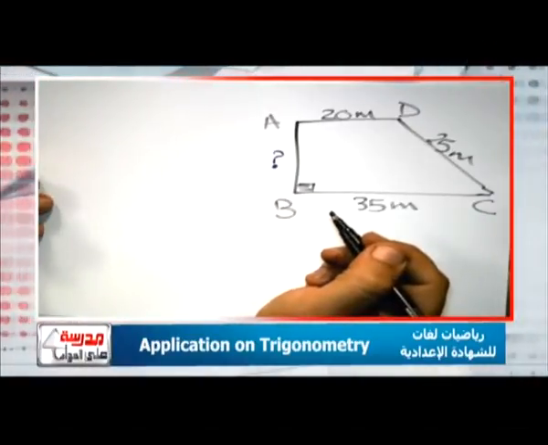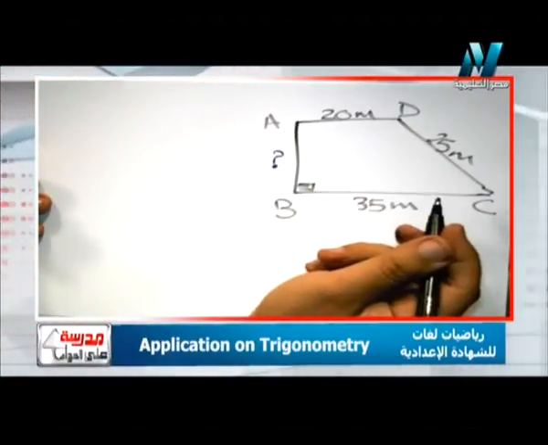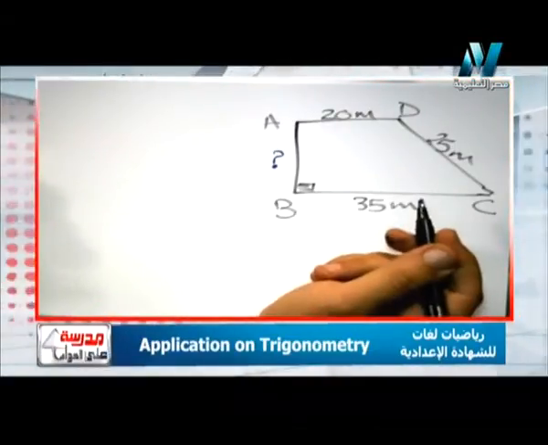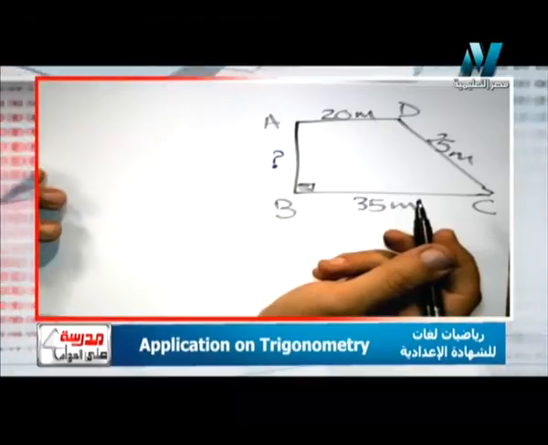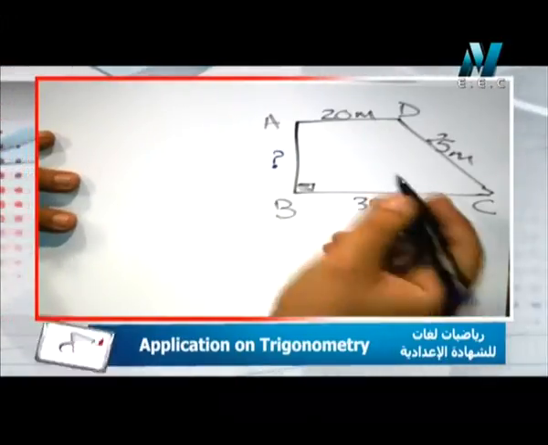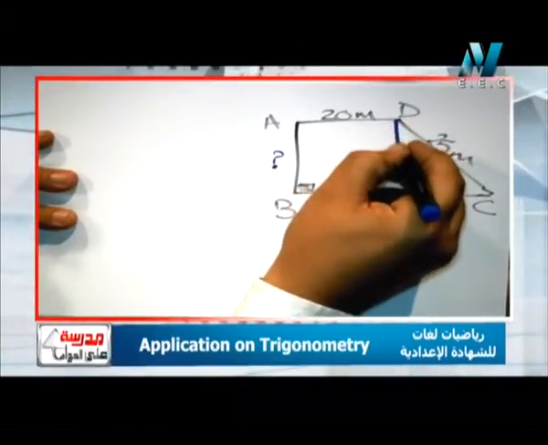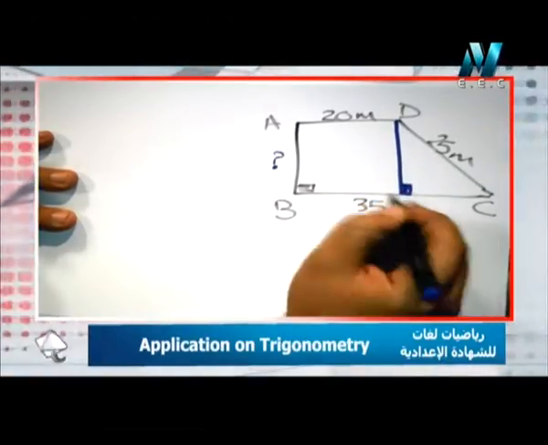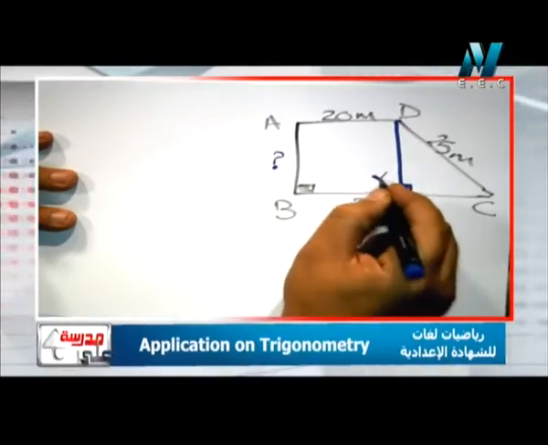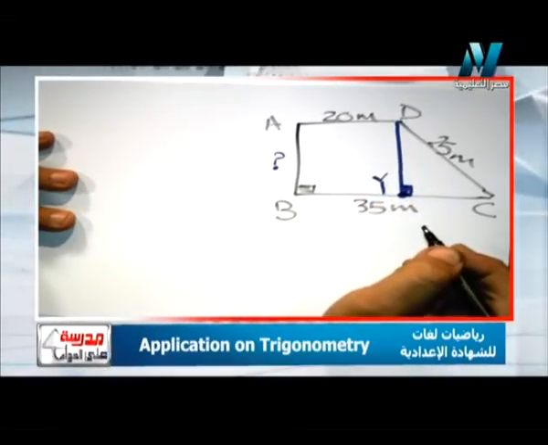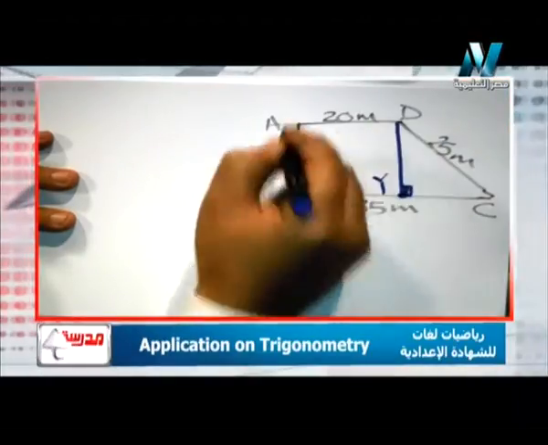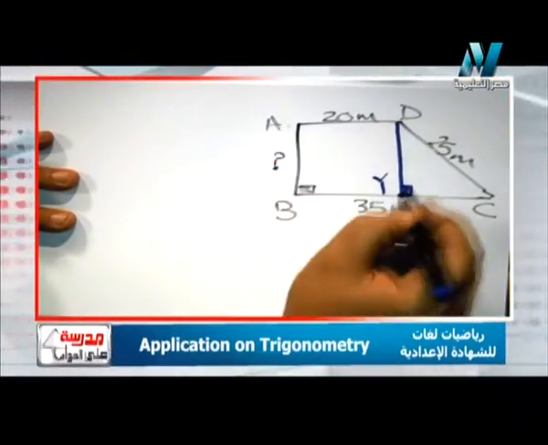Again, we don't have a right angle triangle here. So I have to make a construction to form a right angle triangle. I'm going to draw a perpendicular line from D to form a right angle triangle. I'm going to name this point Y. As I did here, we have a small rectangle, which is ABYD.